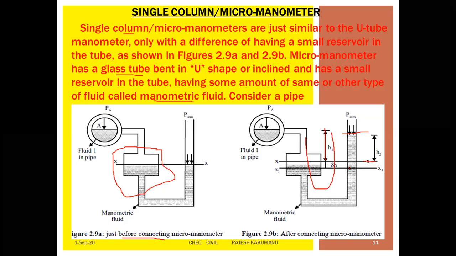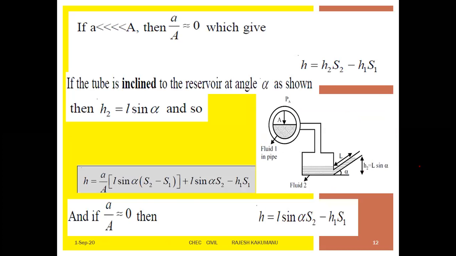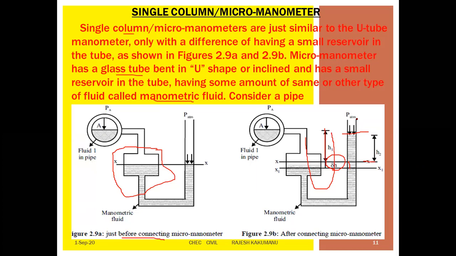Now the change in the datum line is delta H. This is the atmospheric area outside, but this is the area where you are having the balance.